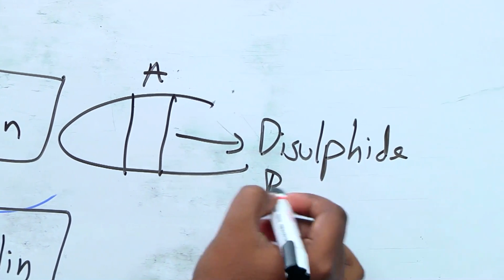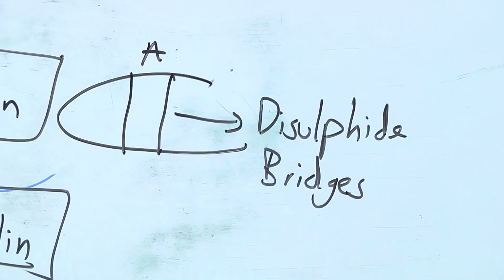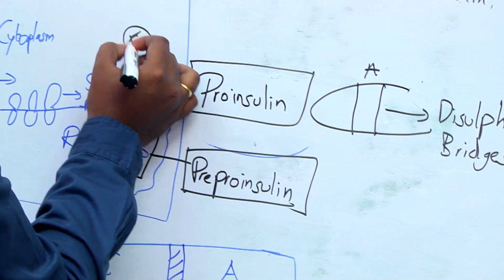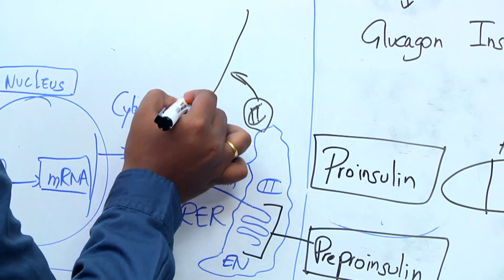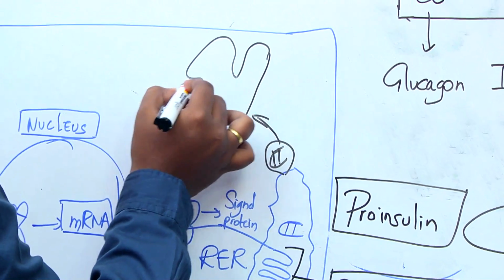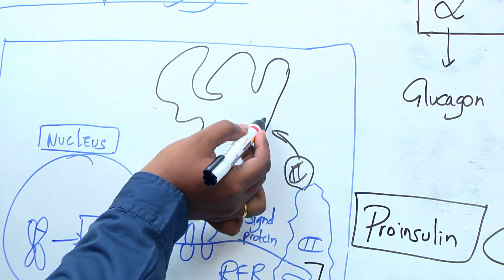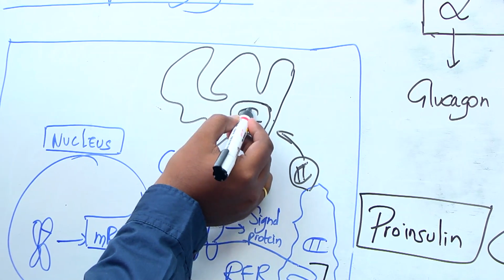Now this entire pro-insulin, with the disulfide bridges, escapes into your Golgi apparatus. So this is the Golgi apparatus.